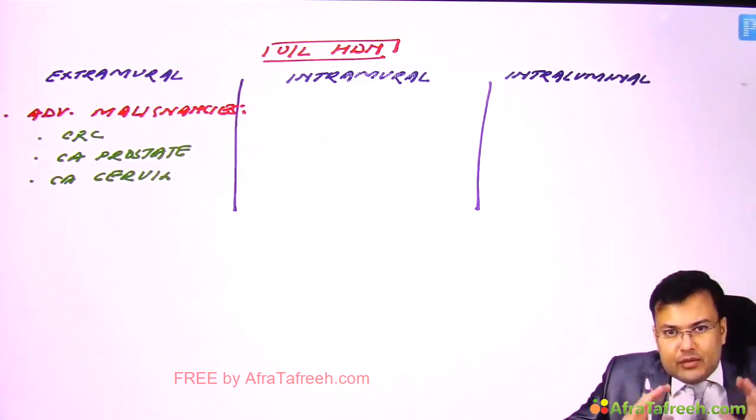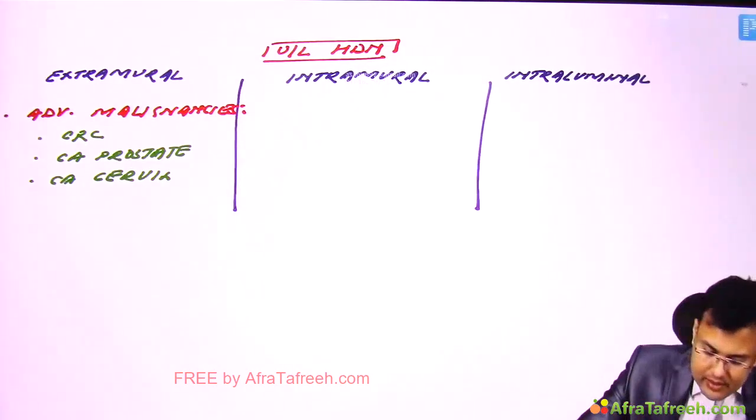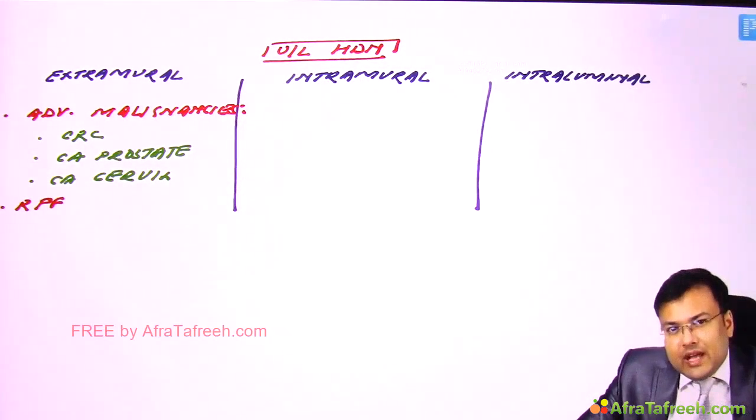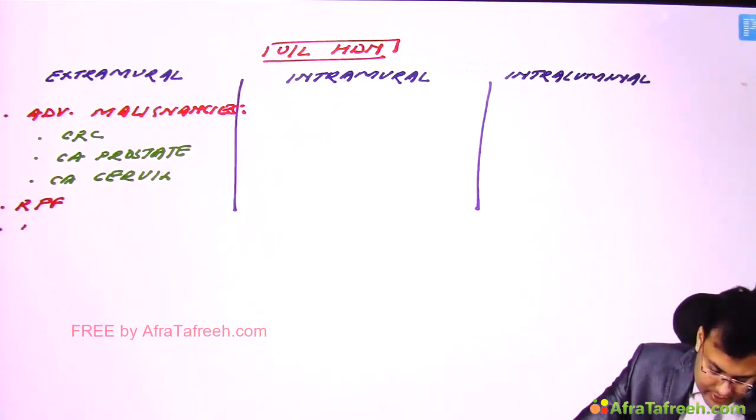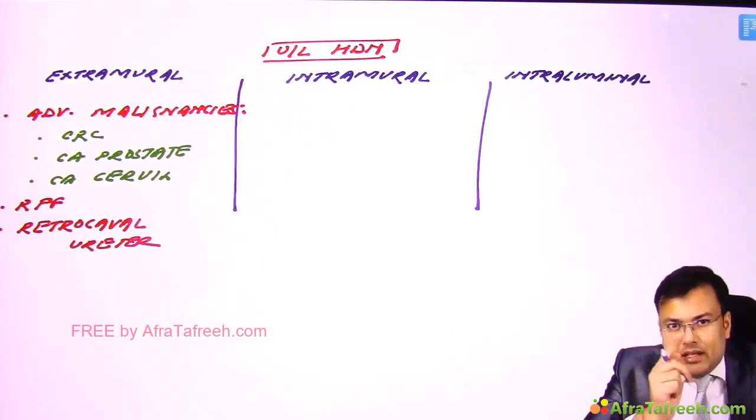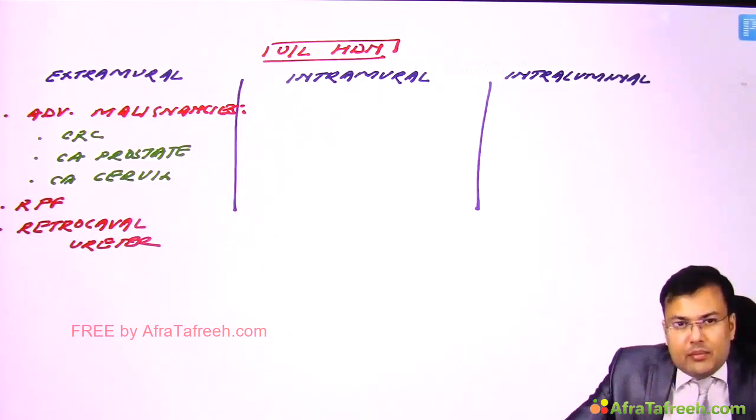There is fibrosis in the retroperitoneum, and it is going to compress the ureter. And what else? Retrocaval ureter. What happens in retrocaval ureter? The ureter goes behind the IVC, takes a U-turn before draining into the bladder. So all these are extramural causes.